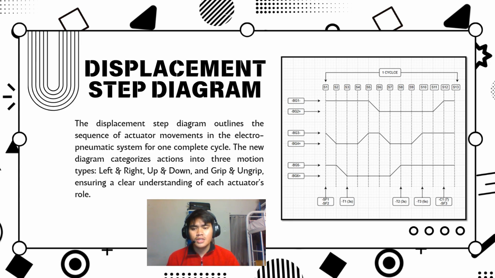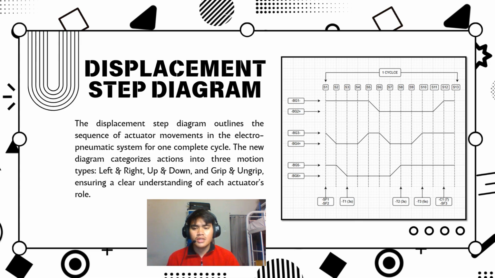And then return to initial position S10 to S30. BG3 retracts, the arm moves upward. BG1 retracts, the arm moves back to the left. T3 5-second delay before the next cycle begins.